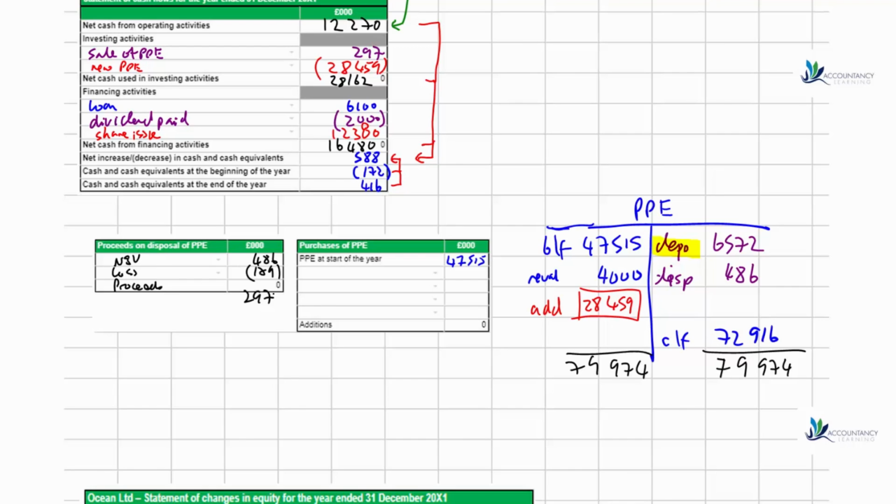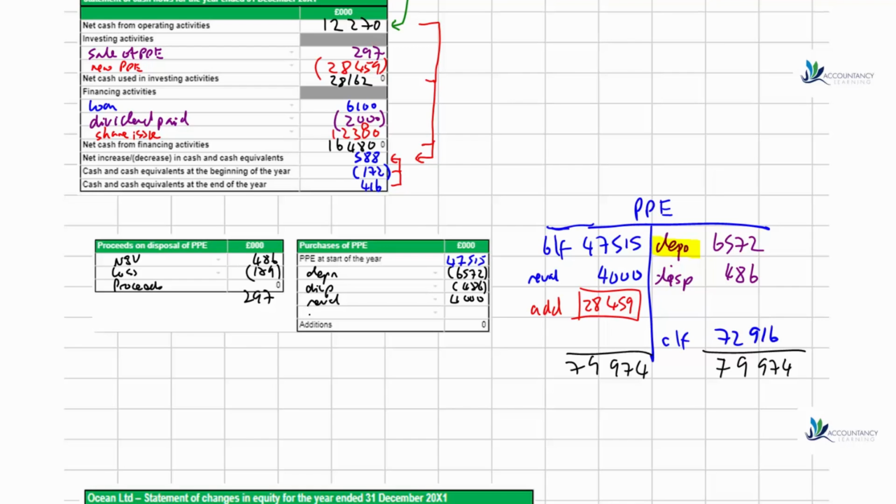And then what about for the second working? So yeah, we've got our property, plant, equipment at the beginning of the year. But remember, we had our depreciation, so that was the minus 6572. We had our disposal, so that was the minus 486. We had our revaluation of 4,000. Okay.